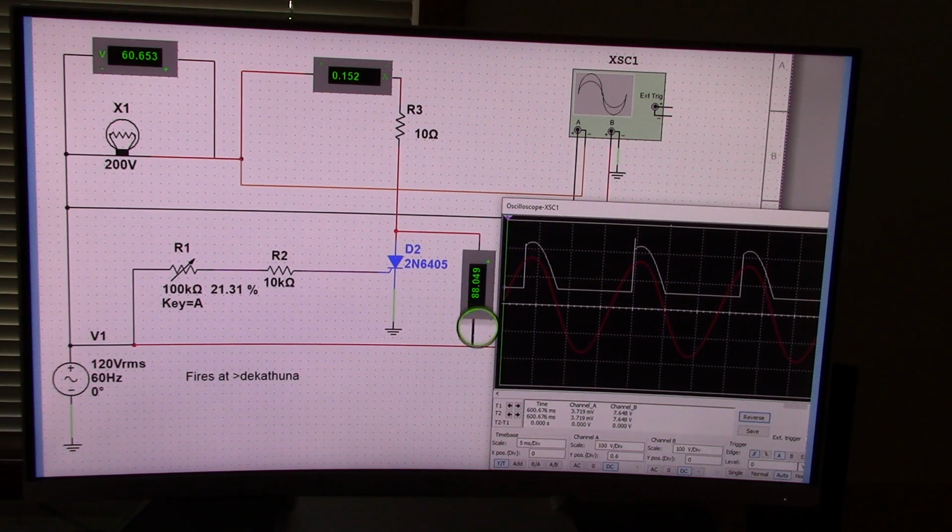The other thing to remember is that if you add this voltage here and this voltage here, you will get something pretty close to this voltage. Now they're slightly off, obviously, but it's quite close to this number here.